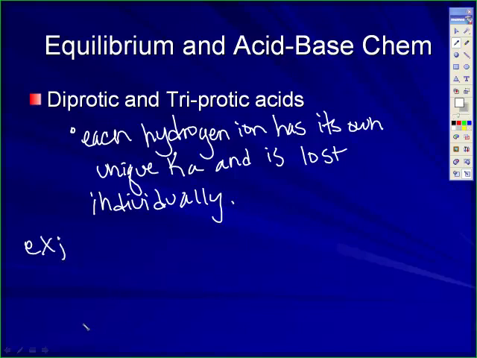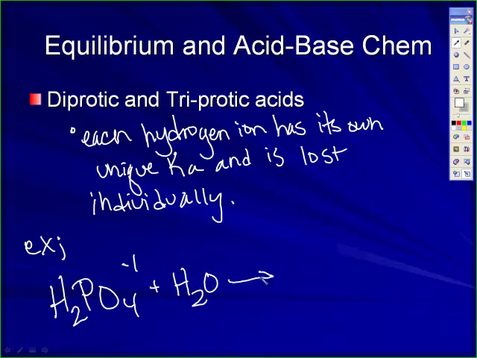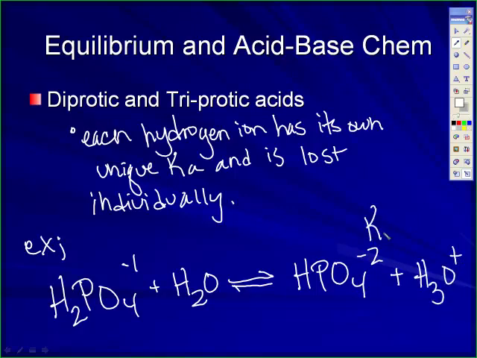So let's take a diprotic acid, kind of like a cousin to the one we just talked about, H2PO4 negative, and react it with water. This guy's only going to lose one hydrogen ion at a time, even though this is a diprotic acid. So when it loses the first hydrogen ion, it will become HPO4 negative 2 plus H3O plus, and this has a Ka of 6.2 times 10 to the -8th.